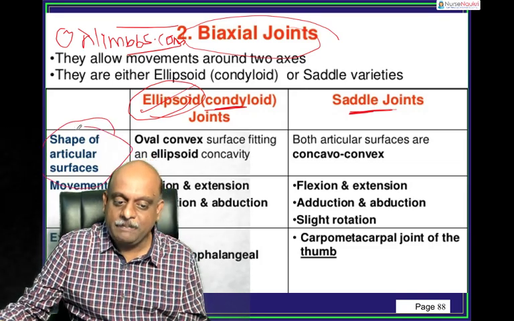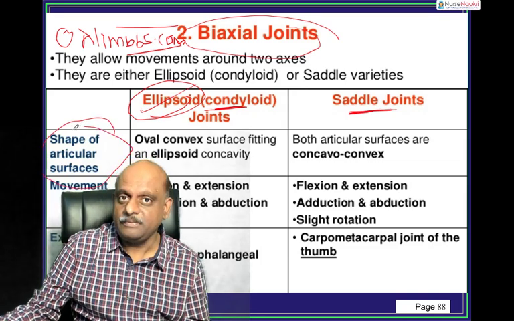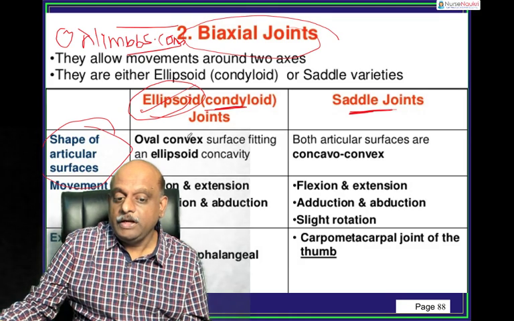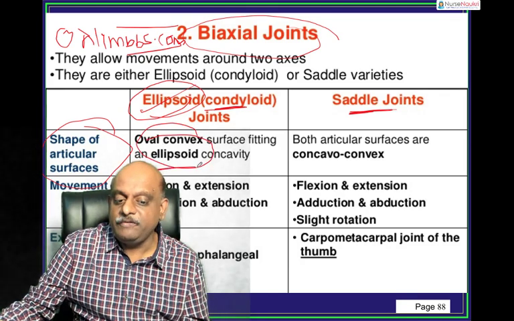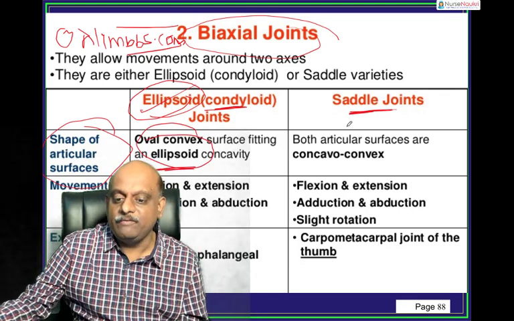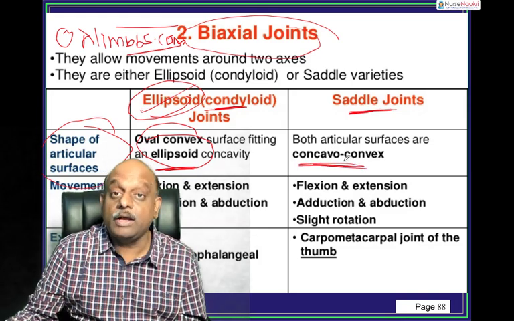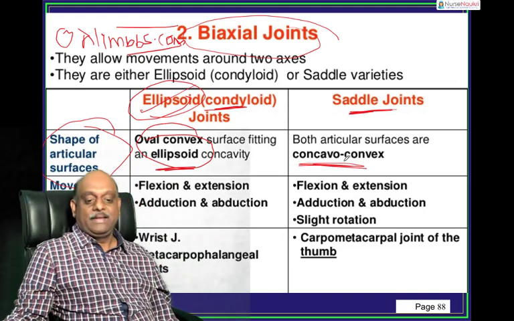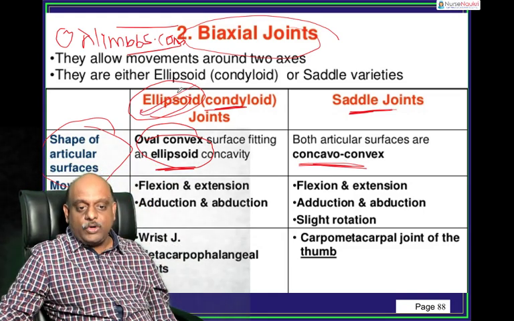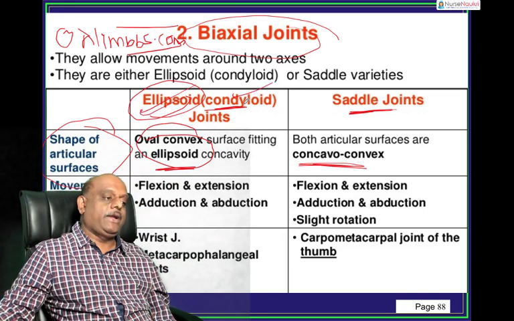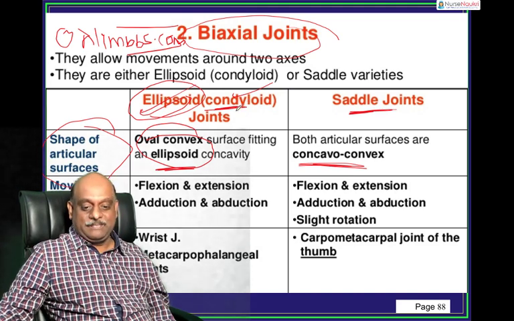So what is the shape of the articular surface? Typically an oval convex surface fitting an ellipsoid concavity, whereas in saddle both articular surfaces are concavo-convex. So where do you find the ellipsoid, otherwise called condyloid joint, is the examiner's question.